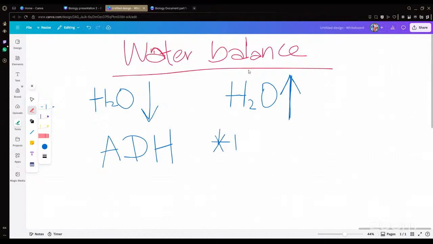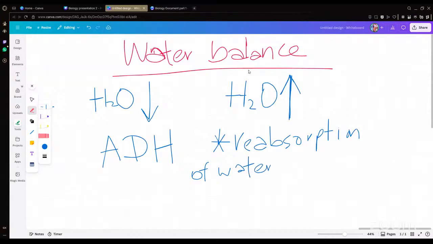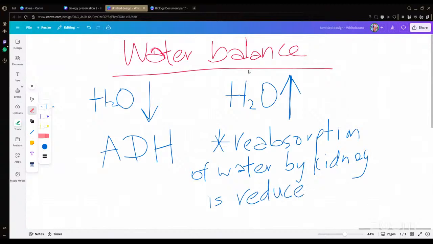So I'll just write that as reabsorption of water by kidney is reduced. So when the water is decreased, ADH hormone is released, and when the water is increased in your body, reabsorption of water by the kidney is reduced, which means you're going to be urinating more water.